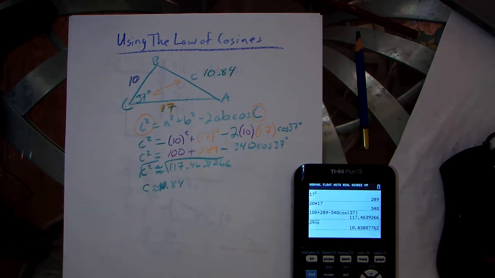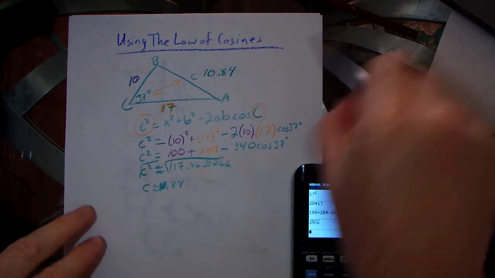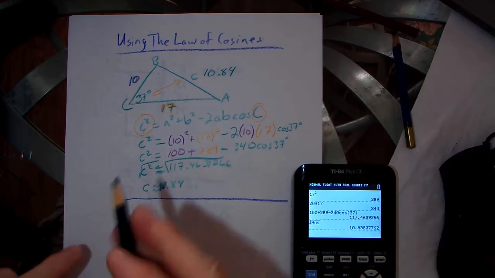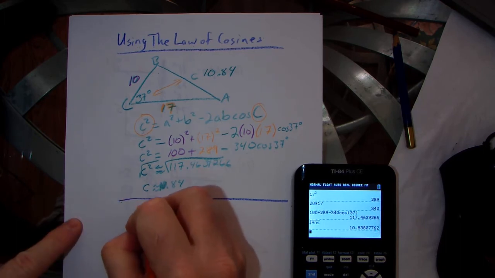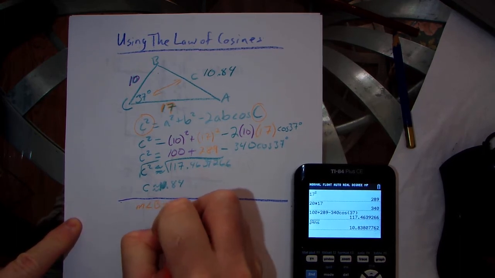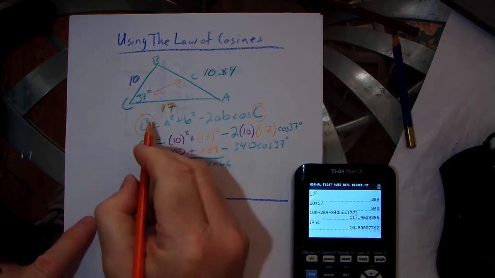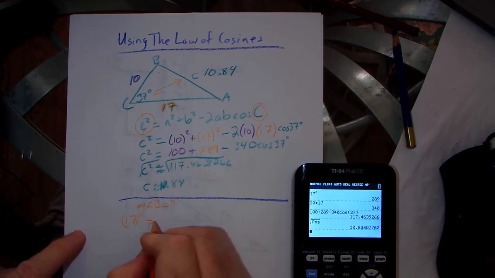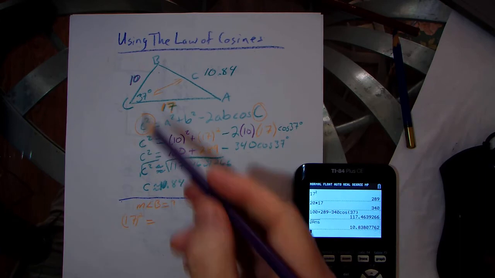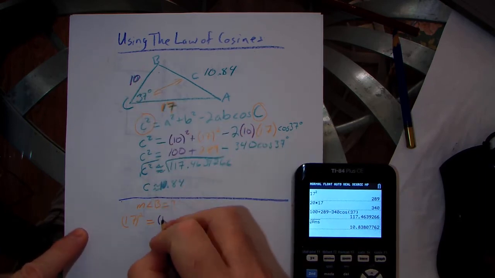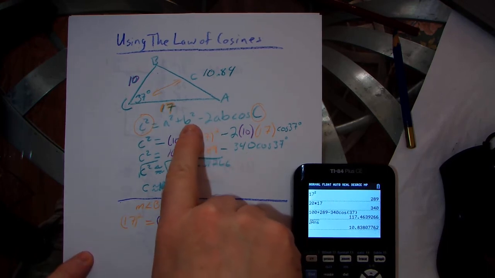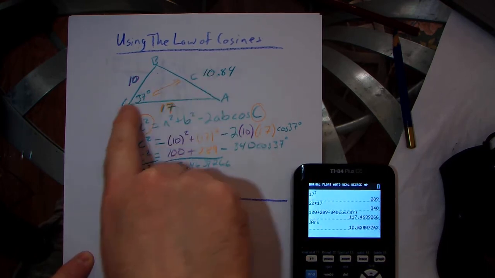So as I'm looking at that, this is going to be for calculating the angle, trying to figure out the measure of angle B. So we put the 17 over on the left, that's squared, and that is equal to, my side A is still 10. The side I'm calling B in this equation now is the other side.